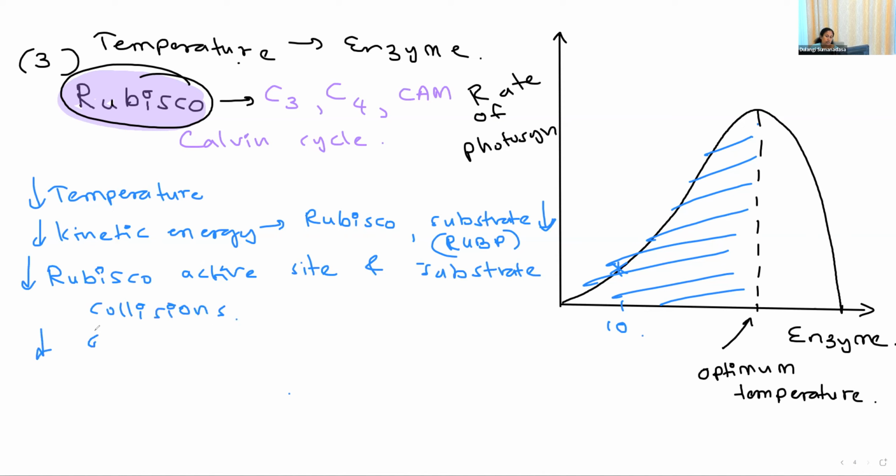And this is going to lower the glucose formation. Right? Less glucose means a slow rate of photosynthesis.